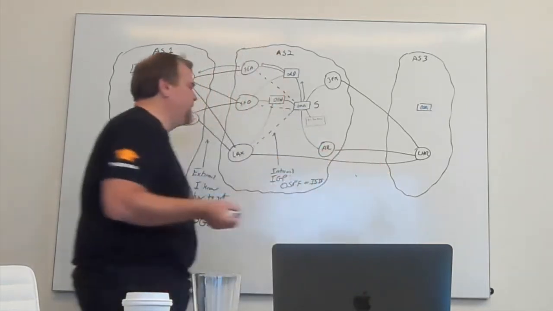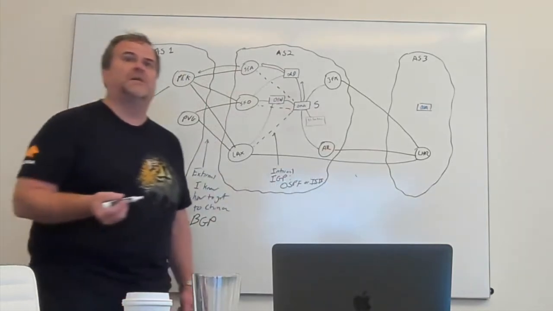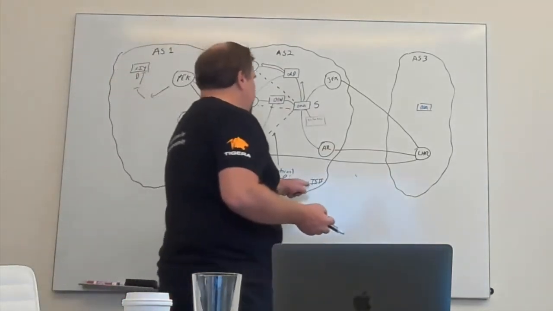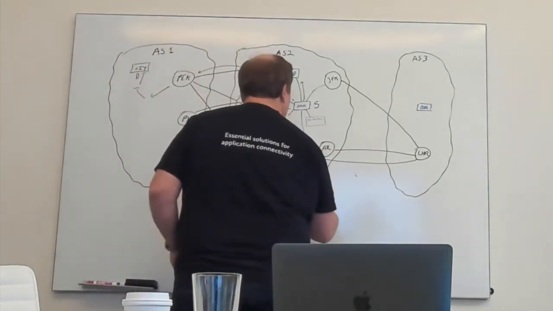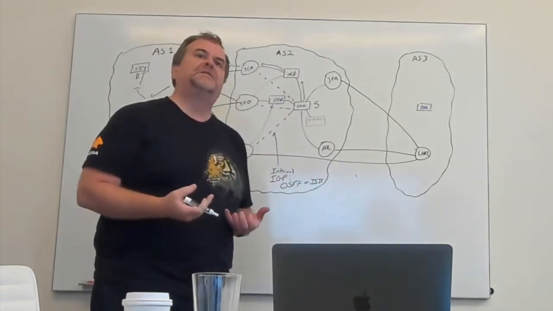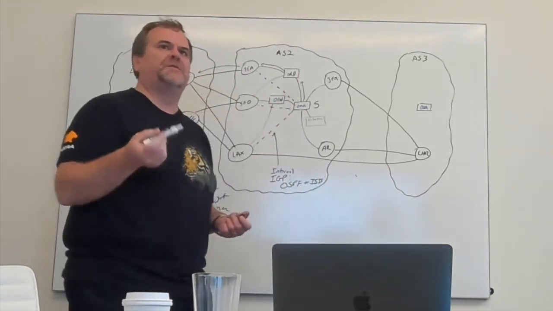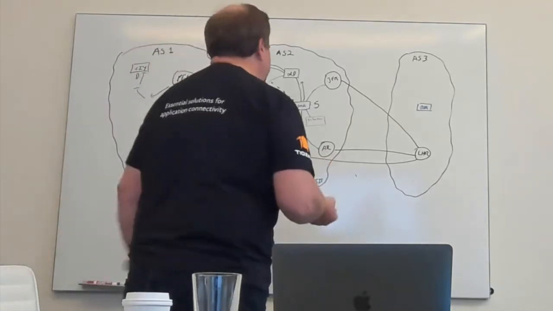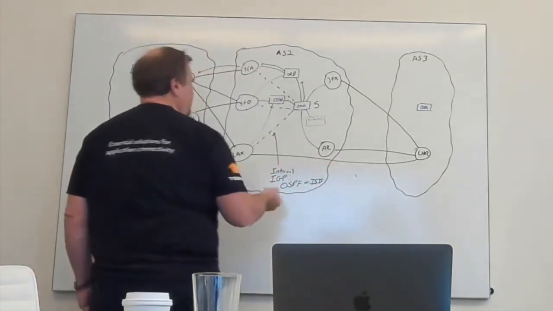RIP and others fall into this as well. So OSPF and ISIS will tell you how to get to a gateway or how to get to something within my AS in most cases. We'll get to a little example in a minute. Actually, I'll get to it now.